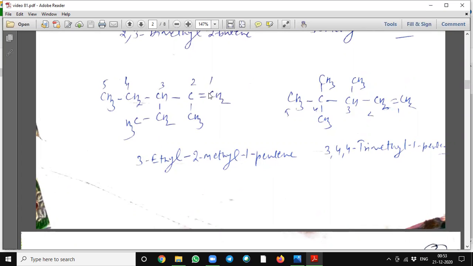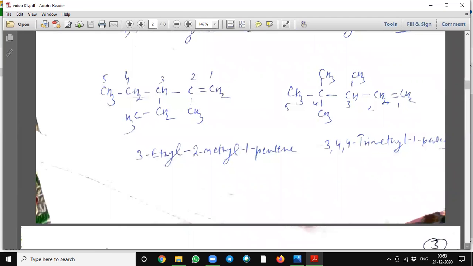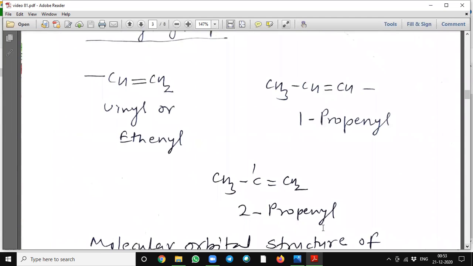See here, longest chain, 3-ethyl group. This one is on 3-ethyl, 2-methyl-1-pentene. Right. 3,4,4-trimethyl-1-pentene. Alkenyl group, vinyl group. This is called vinyl or ethenyl group. And this is propenyl, 1-propenyl group, 2-propenyl group.